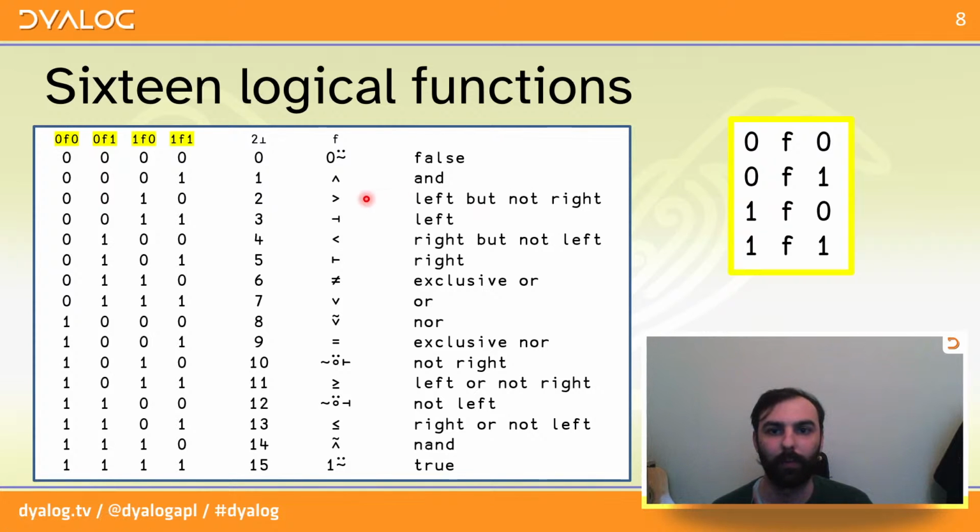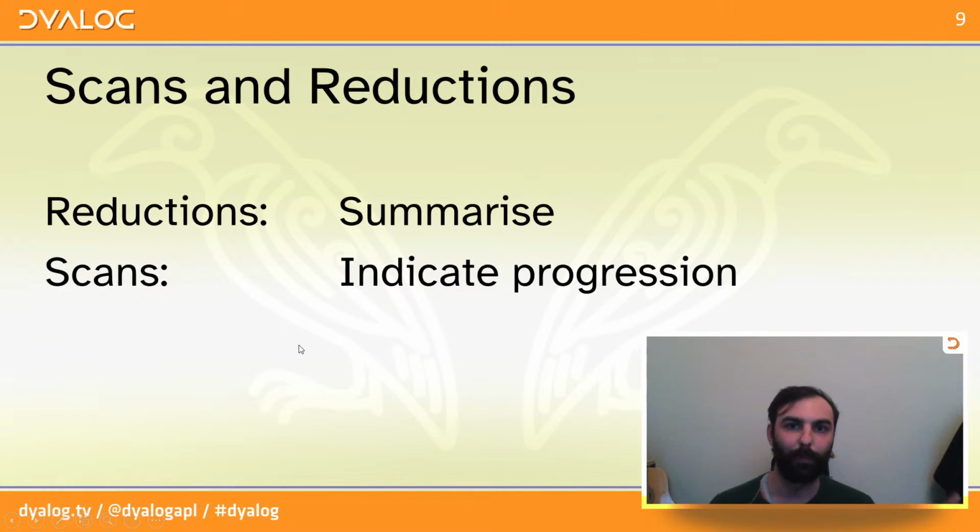So you've got greater than described as left but not right. And then you've got left, which is left tack, right but not left, right, which is right tack, etc. Right, so that's kind of Booleans in APL.